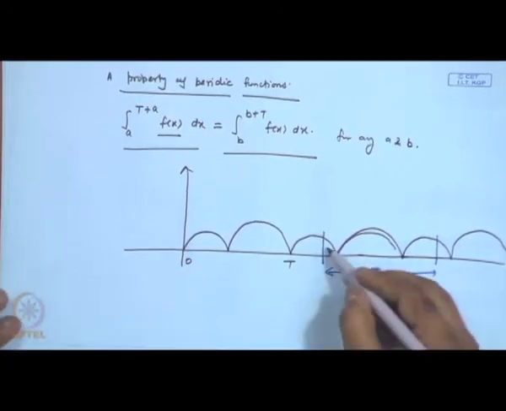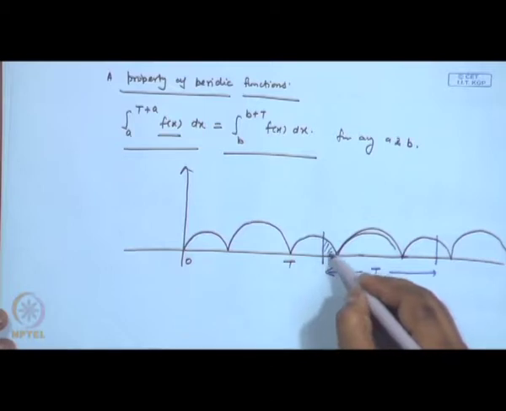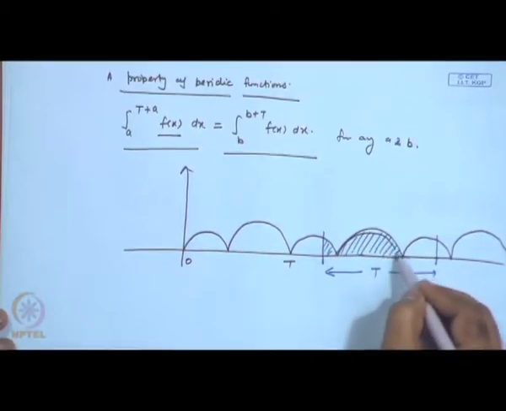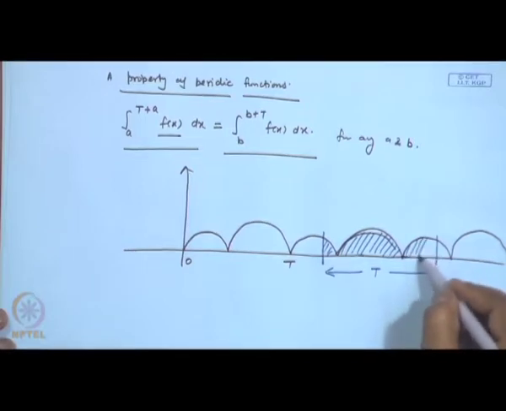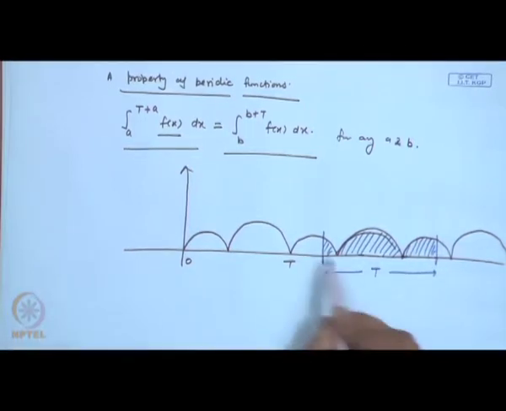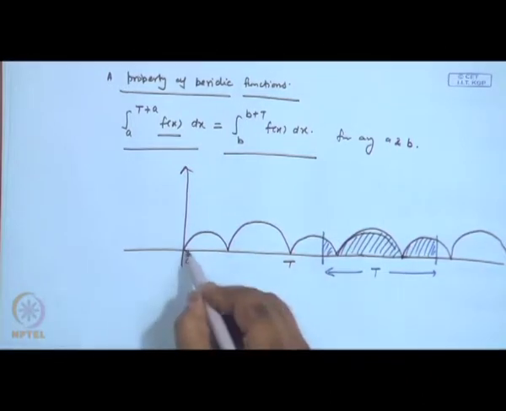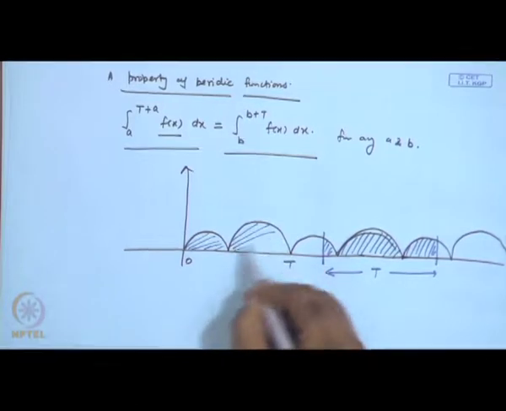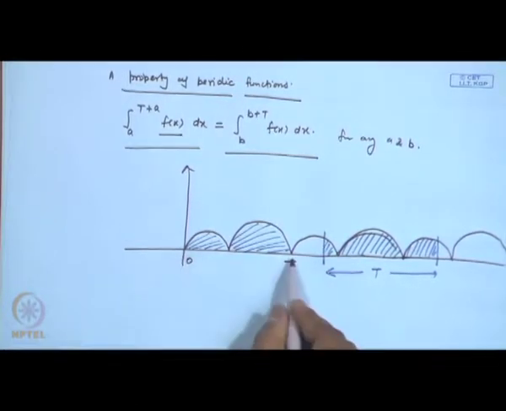Now, if you see that this area which we get after this integral is basically equal to this area if we integrate over 0 to t.